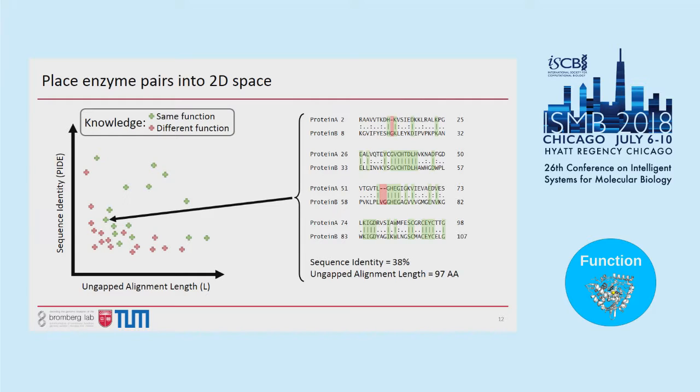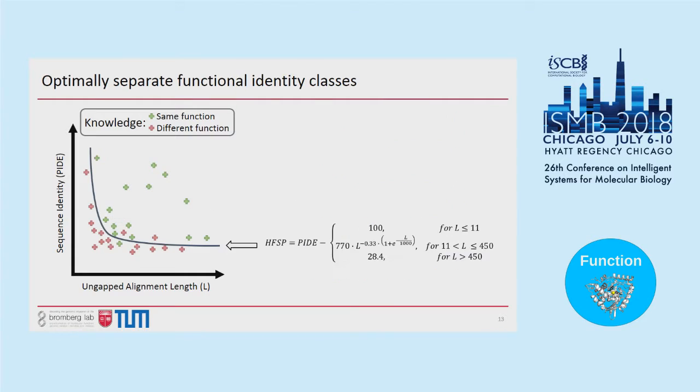So what we're doing is creating an alignment between all of the enzyme pairs of those 7,000 enzymes, and placing them into a two-dimensional space that is spanned by sequence identity and ungapped alignment length, those two values we extract from the alignment. Then we color our enzyme pairs by the knowledge whether those enzymes share the same function or not.